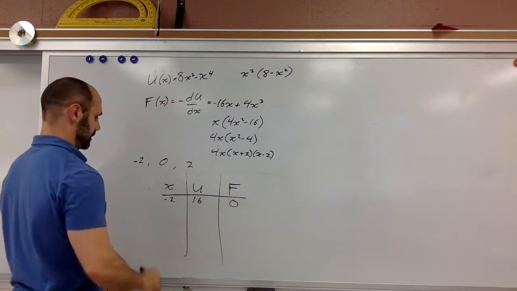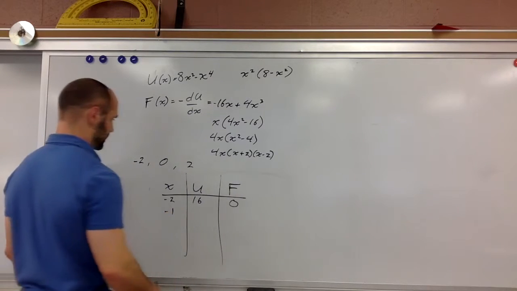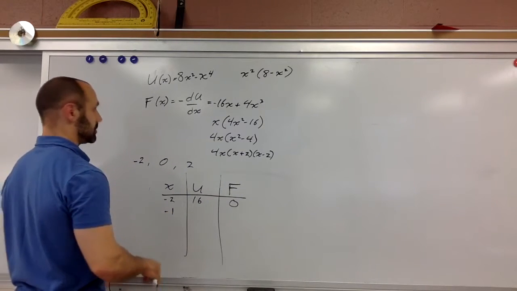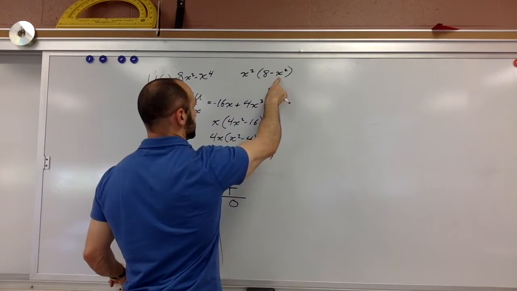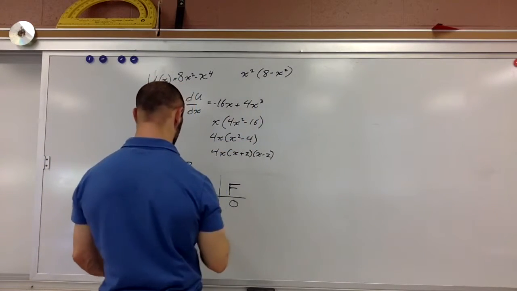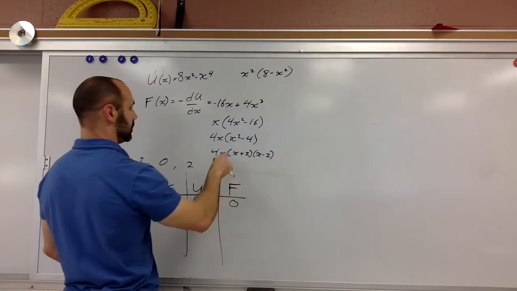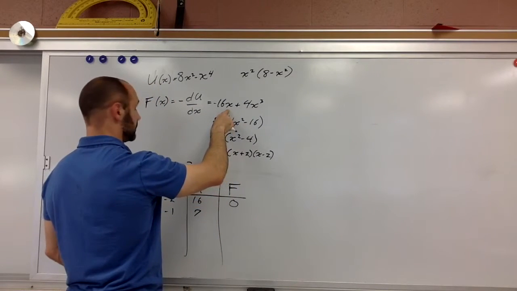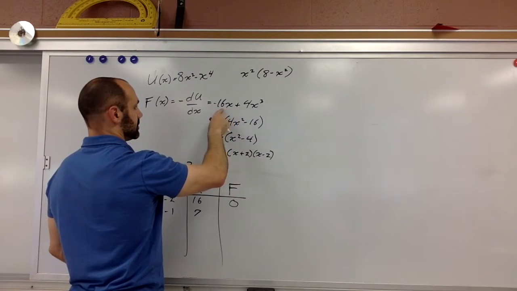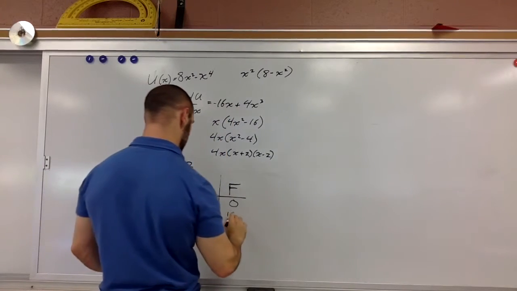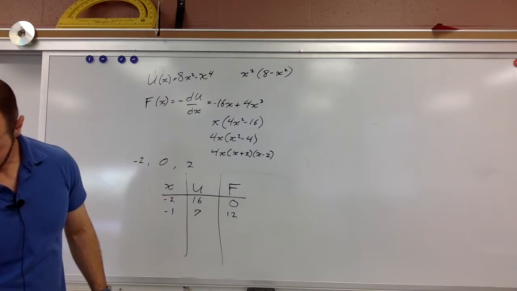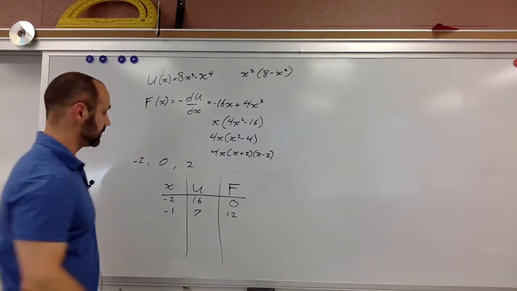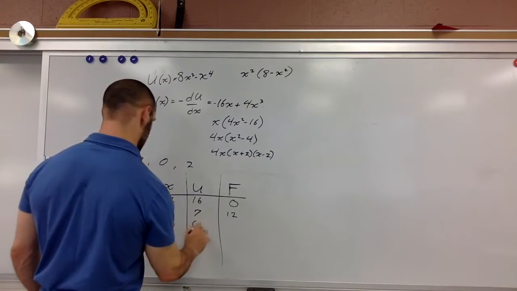Let's do negative 1. Putting negative 1 into the potential energy, 8 minus 1 is 7, so this is going to be 7. For the force, negative 1 gives positive 16 minus 4, which is 12. If I put 0 in, it's all 0.